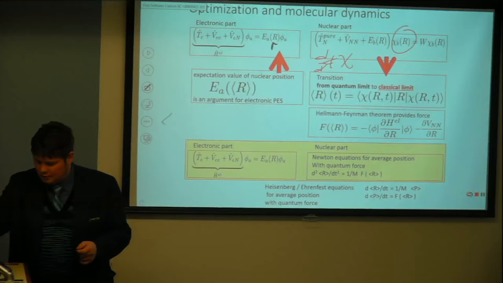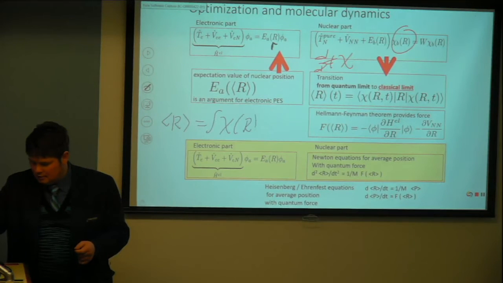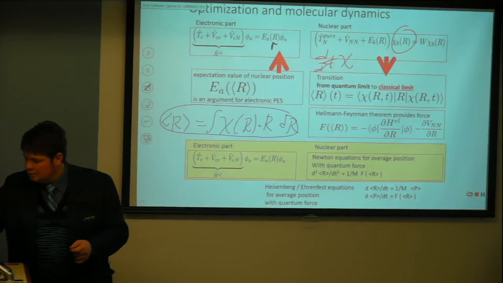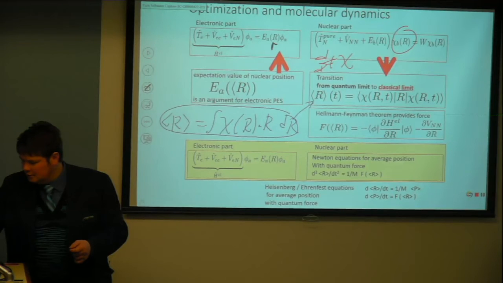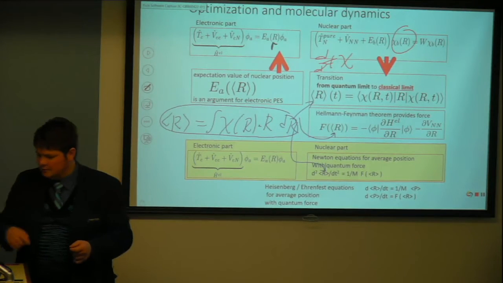So R equals integral chi of R times R dR. Oh, it is the same as written here. It is what is used here. It is what is used there.